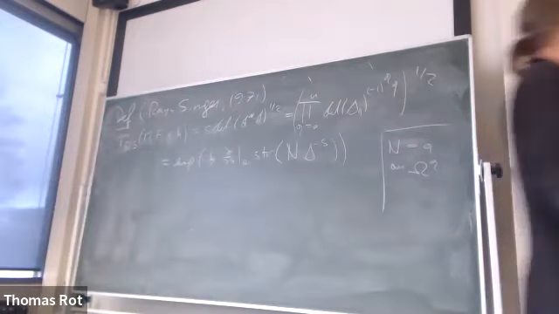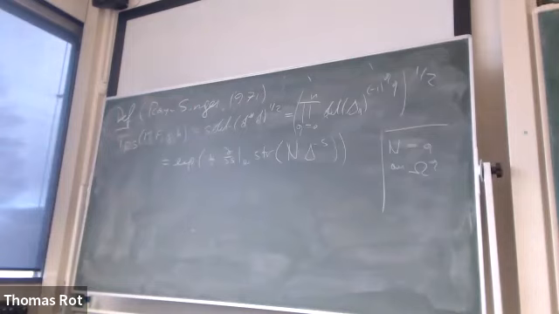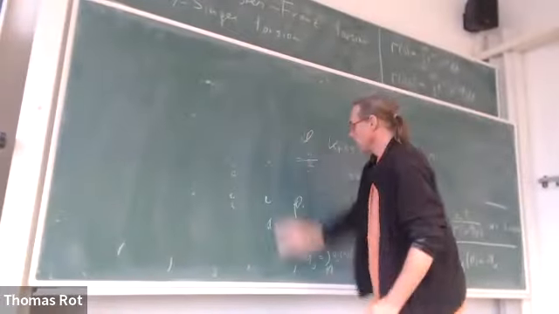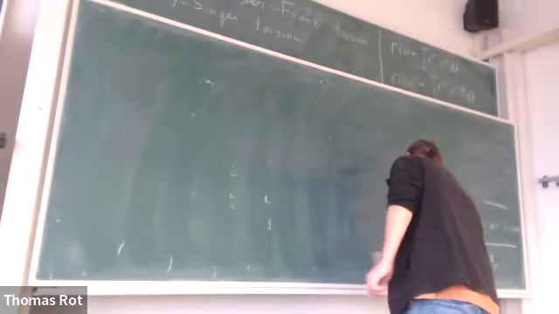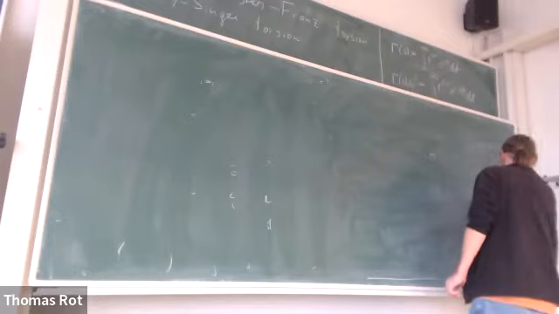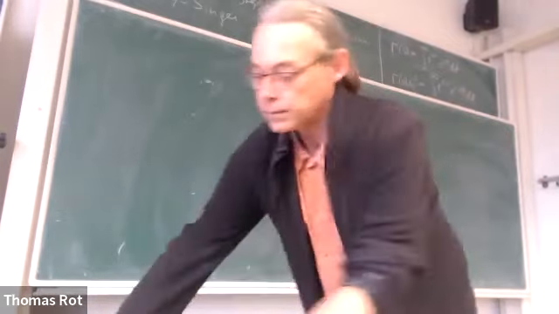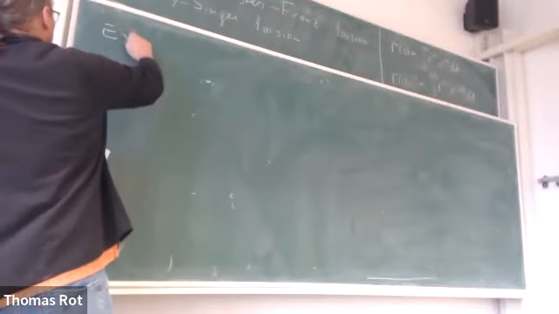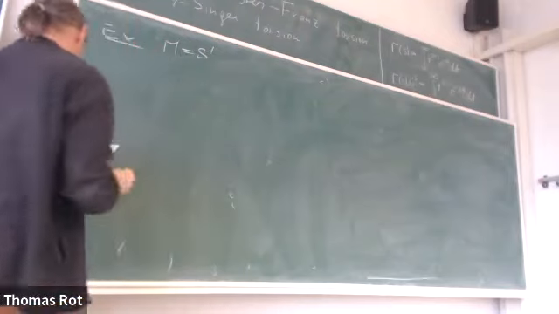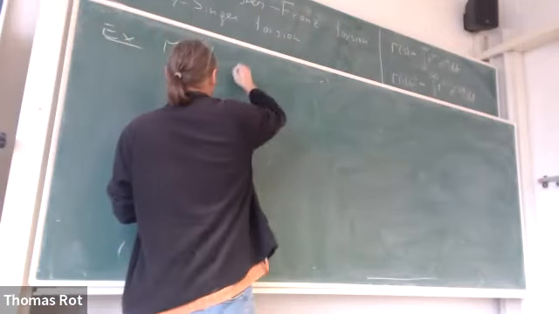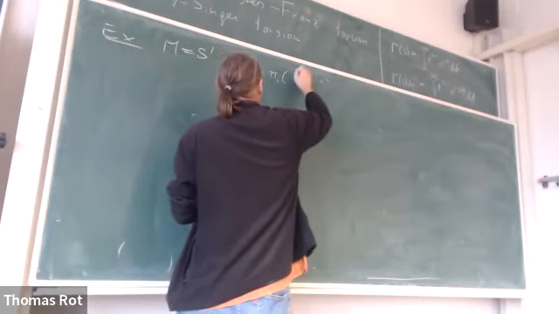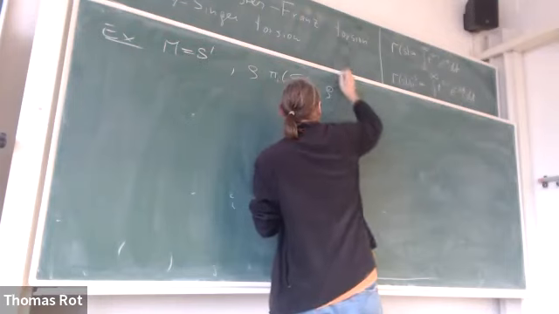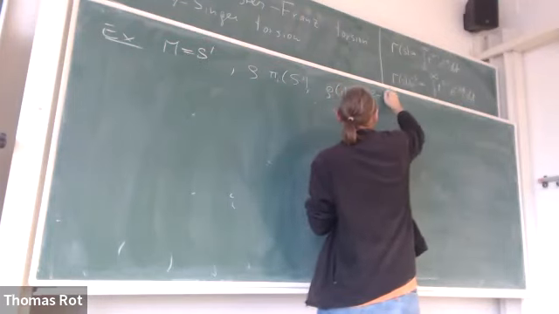Okay, let's move to an example. Let's do it for the simple case, the circle. Again, we will take a representation of the fundamental group as we had before, with rho a real number.